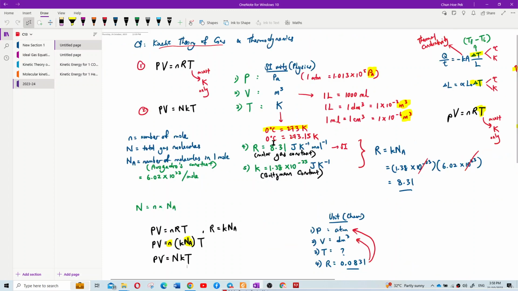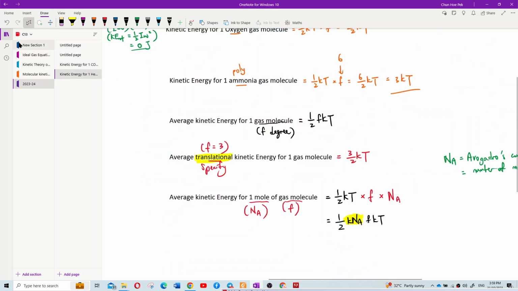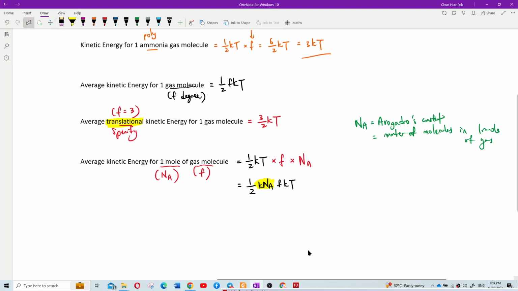What is k N_A, class? k N_A is R. So k and N_A go to the front, so this is 1/2 f k N_A T. Can you see, class?